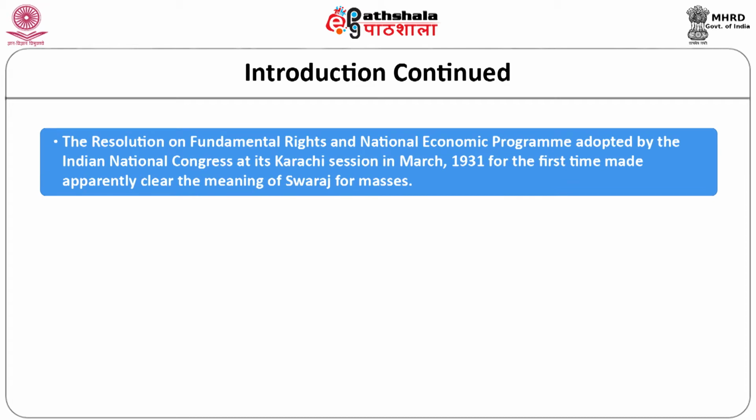The resolution on fundamental rights and national economic program adopted by the Indian National Congress at the Karachi session in March 1931 for the first time made apparently clear the meaning of Swaraj for the masses.